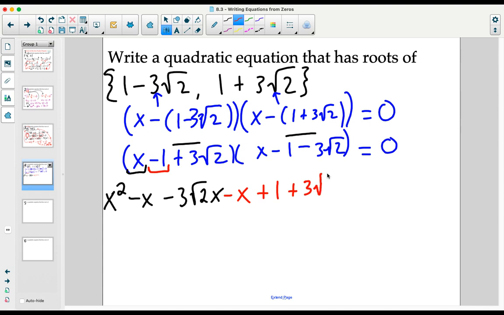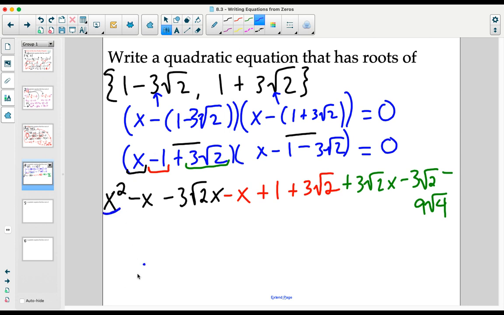That's just going to result in sign changes. And then the 3 root 2 times everybody in the second parentheses, plus 3 root 2x minus 3 root 2 minus 9 root 4. And our goal is going to be to simplify all of this. Now, because we know we're creating a quadratic equation, this x squared term's not going anywhere. It's part of the solution.